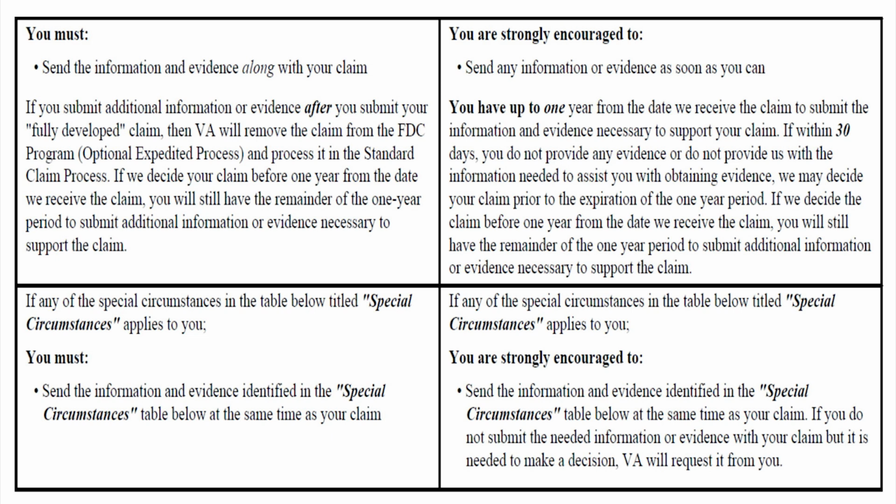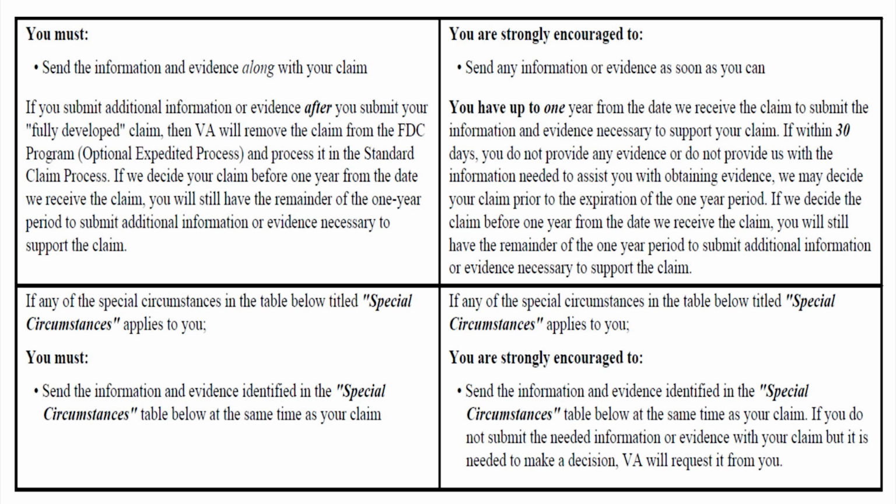Now, let's go back to the top. It says, if within 30 days, you do not provide any evidence or do not provide us with the information needed to assist you in obtaining evidence, we may decide your claim.